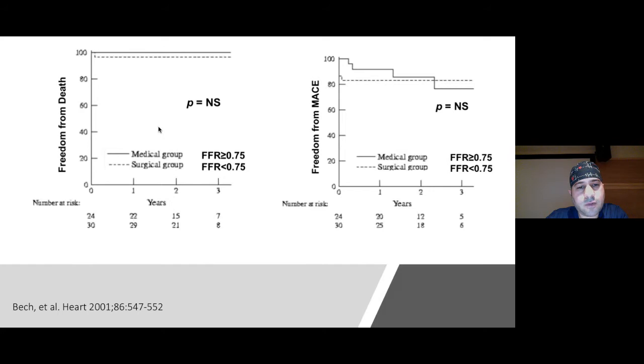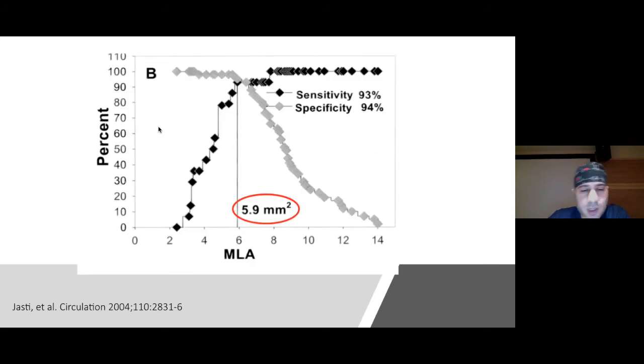They looked at about 50 patients in each arm. And as you can see, there's no difference in outcome over 3 years if you had deferred revascularization with an FFR-negative left main. So we needed another modality to assess patients with left main disease that had multi-vessel disease as well.